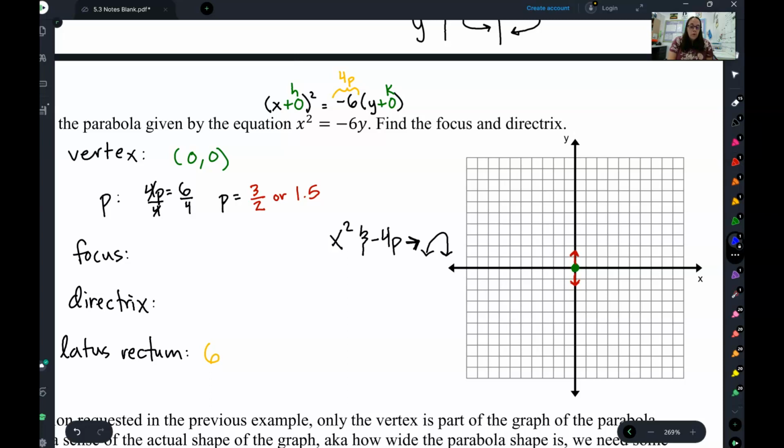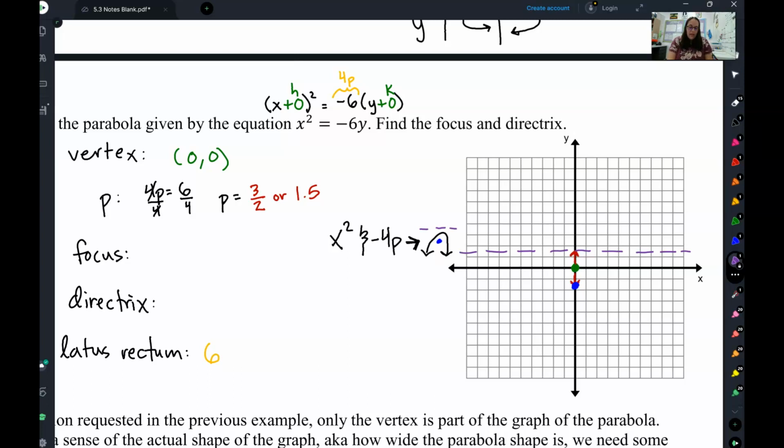Now for the focus, remember the focus must go inside the parabola, which means since my parabola faces down, my focus is going to be down here, and my directrix is going to be up here, because the directrix is always outside the parabola. Right there. And that's going to give me a downward facing parabola.